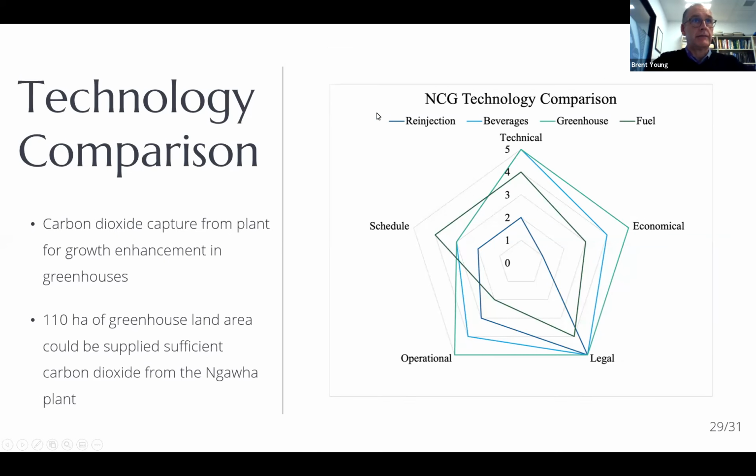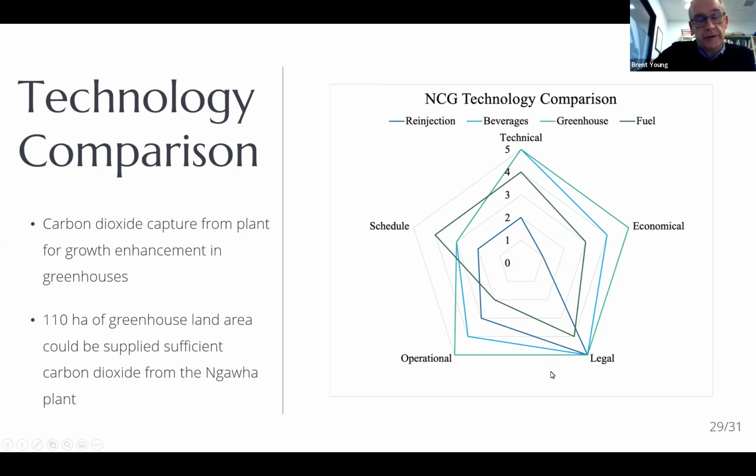We looked at some different technologies that could perhaps help us with this. So looking at reinjection, use of CO2 for beverages, using the stream as a fuel, or supplying CO2 to a greenhouse located nearby.